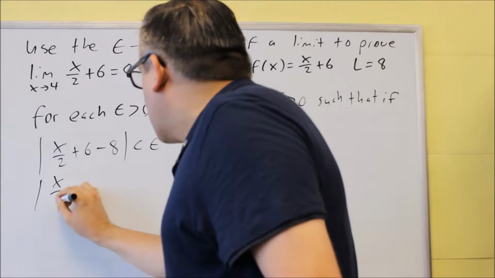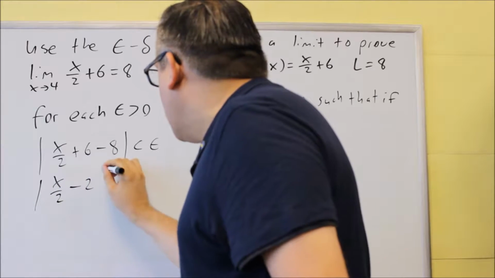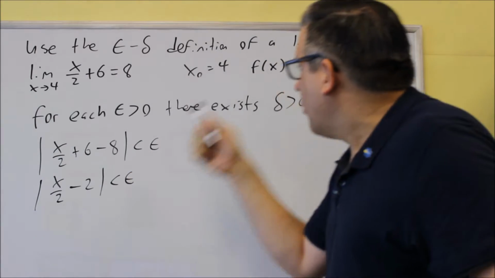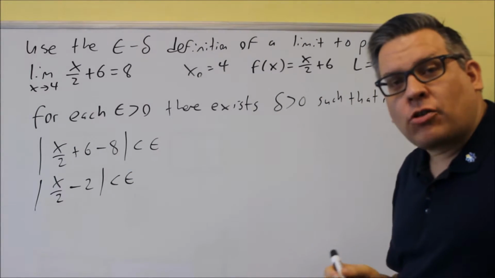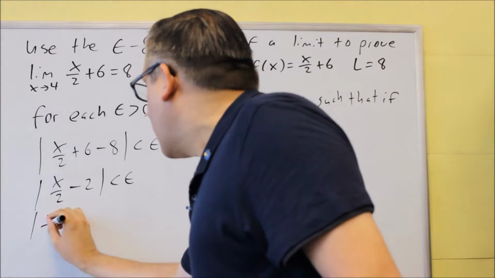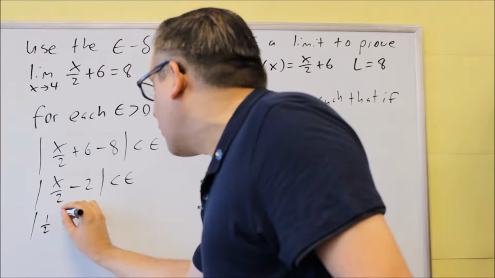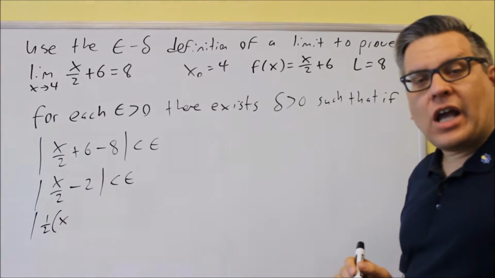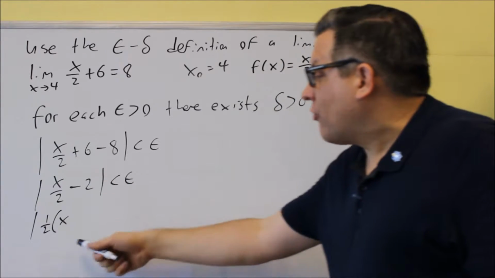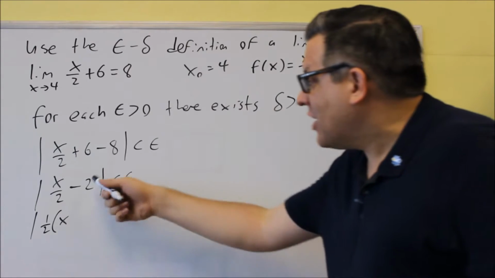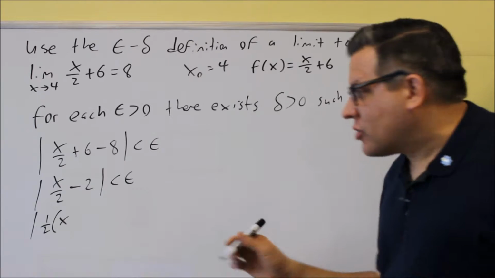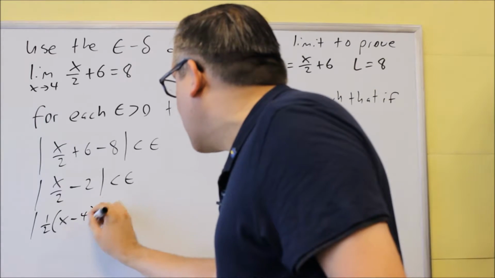So let's do that. We're going to do x over 2, and we have minus 2 here. If you're wondering how we can get the 4 out of it, we need to do a factoring step, because we need to get the x by itself inside. This may not be quite as obvious, but you want to factor out a 1/2, and you're just going to get an x in there. When you're factoring something out, it's a form of division. So if I take negative 2 and divide it by 1/2, you're multiplying by the reciprocal, and you get negative 4.